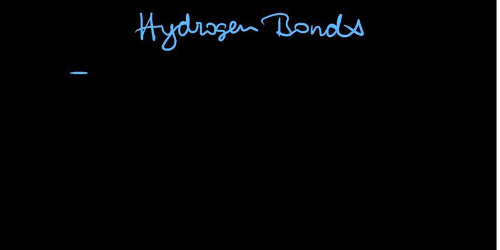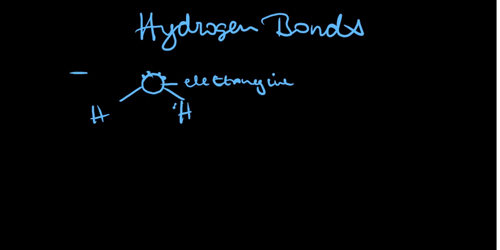For instance, water. So we have H2O, where the oxygen is the central atom. We have hydrogen here. We also have lone pairs, which are electrons that are not involved in chemical bonding. Because oxygen is more electronegative, it's going to attract the electrons strongly to itself.